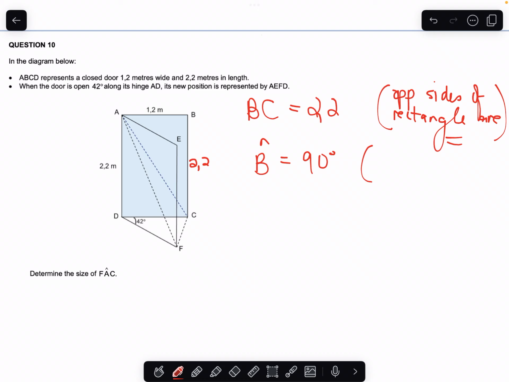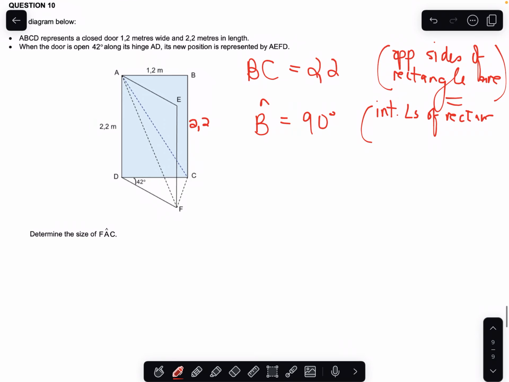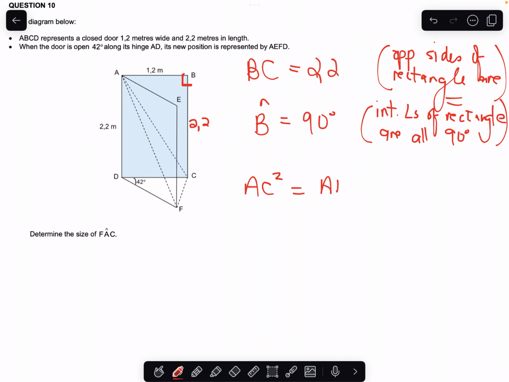B is a 90 degrees because interior angles of a rectangle are all 90 degrees. So now we can do some Pythagoras. So AC squared is equal to AB squared plus BC squared, and that's because Pythagoras said so.